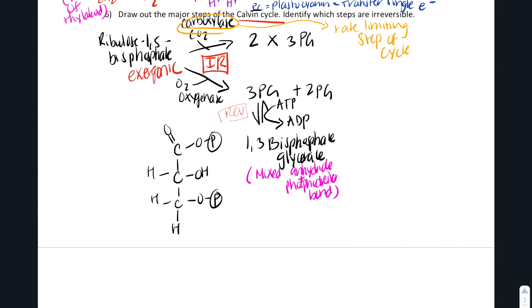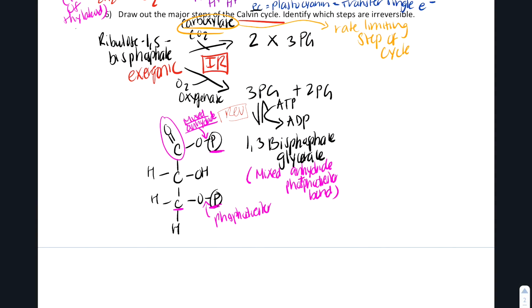So here is the mixed anhydride, and here is the phosphodiester bond. What makes this a mixed anhydride bond is the fact that it's between two high energy structures. So you have the carbonyl plus the phosphate, whereas this one is just a carbon and a phosphate.